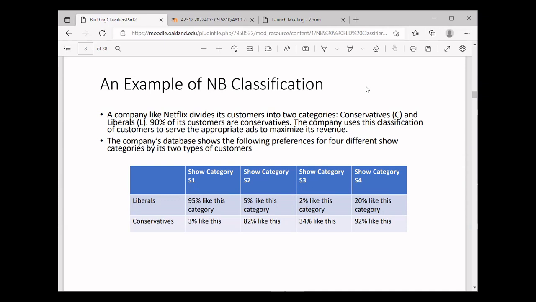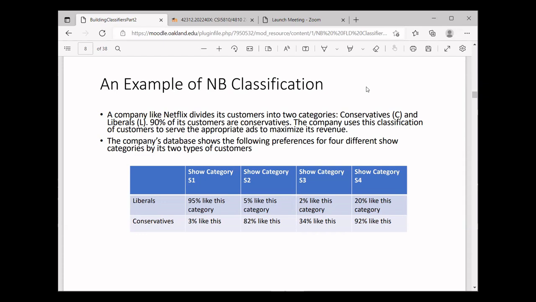On the other hand, if the customer is a liberal customer, then the ads he or she might see are similar to the ads you might see on MSNBC, which is a liberal channel. So based on the customer's classification, they decide which ads to show on that particular screen. And this is all done nowadays through streaming and all that. So not a big deal.